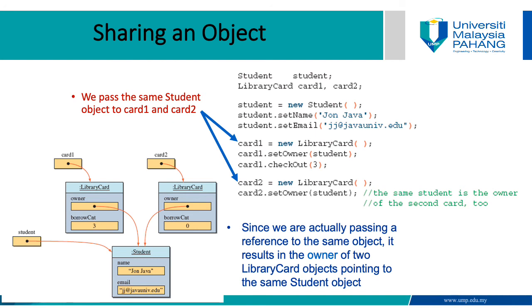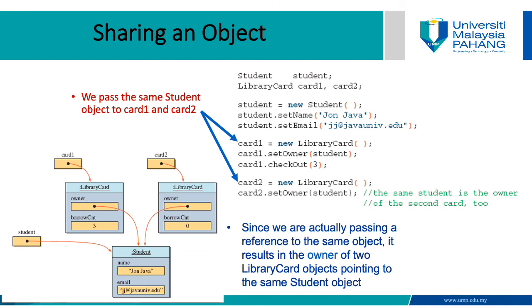So how are we going to do object sharing? Here we have the library card information and then the student information.